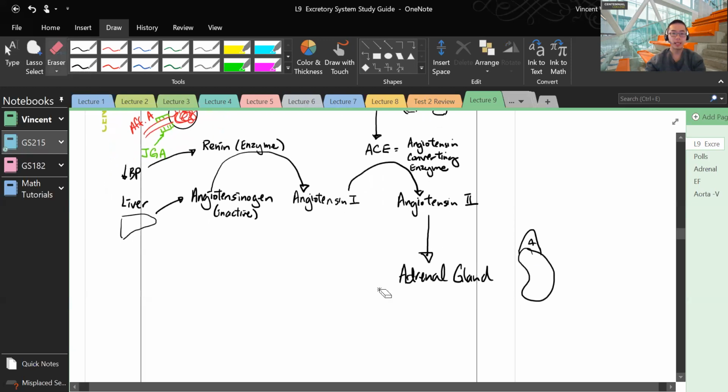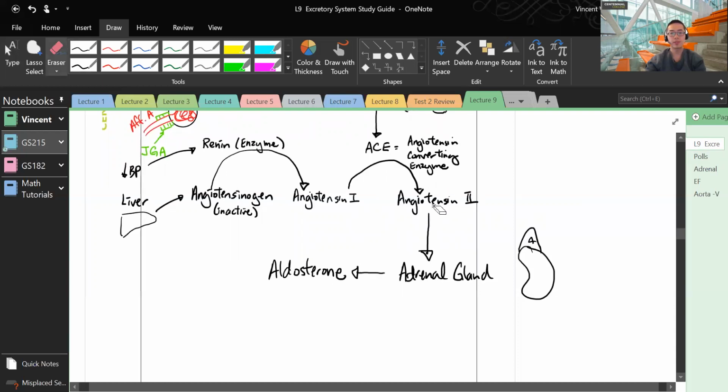So the adrenal gland, in response to angiotensin number 2, is going to secrete aldosterone. And another thing that will happen is, in addition to going to the adrenal gland, angiotensin number 2 will also cause vasoconstriction.